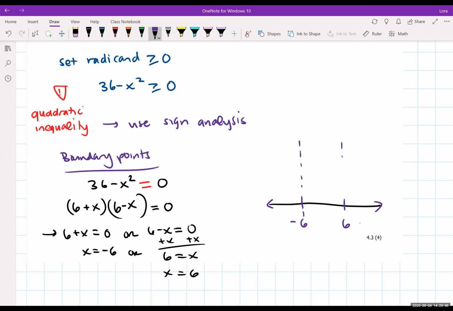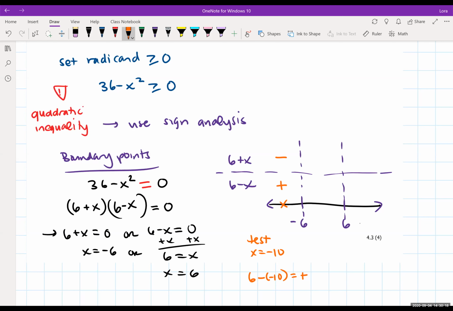They separate the number line into 3 regions, and we include our factors on the far left: 6 plus x and 6 minus x. Then we pick a test point in each region. To the left of negative 6, let's say x equals negative 10. 6 plus negative 10 is negative. Be careful on this next one, 6 minus x: 6 minus a negative 10 gives us a positive 16.